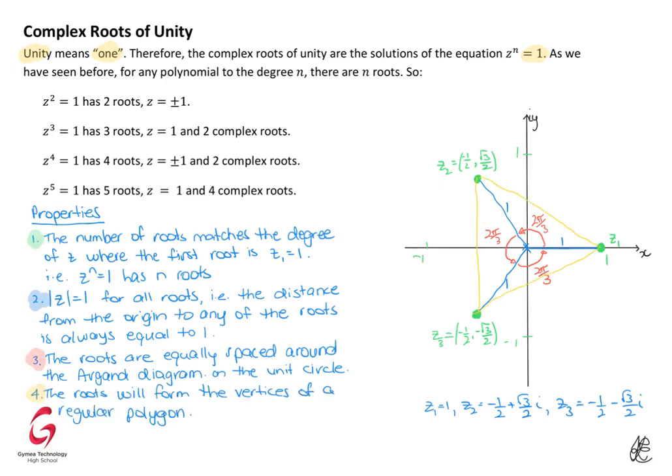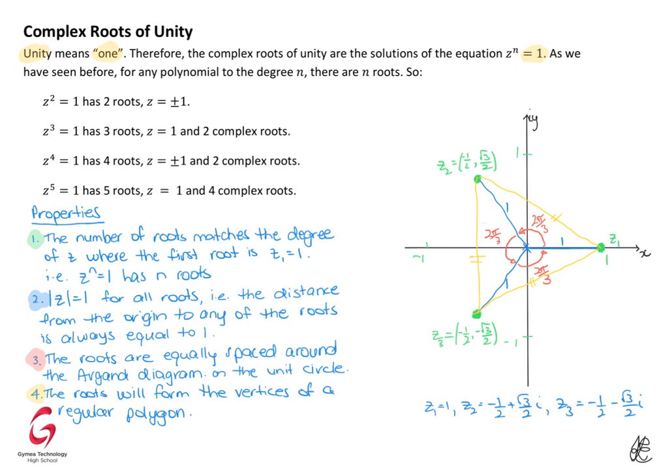The last property is that the roots will always form the vertices of a regular polygon. So we can see here when I draw in these yellow lines that look identical in length to each other and can be proven using congruent triangles that they are identical in length to each other, that we end up with an equilateral triangle where the three roots we found are the vertices of that triangle.